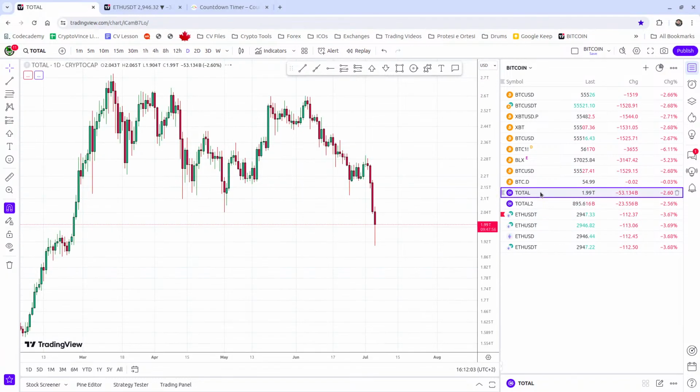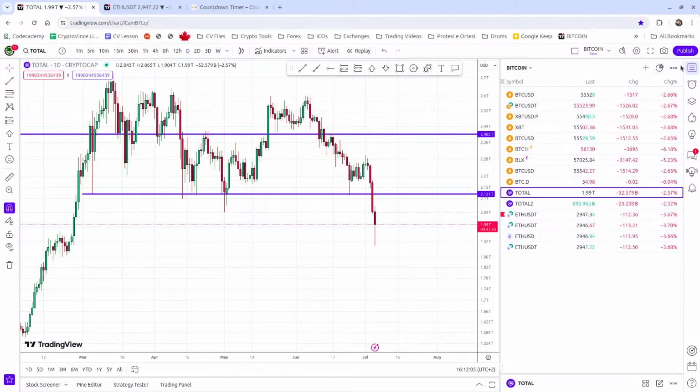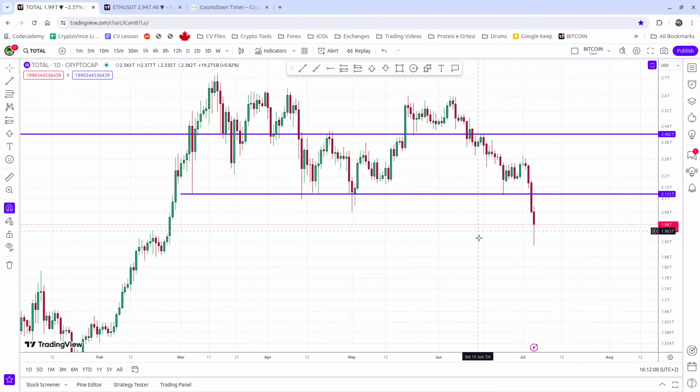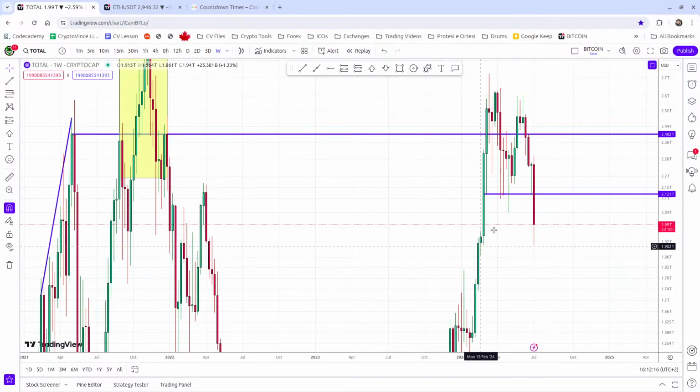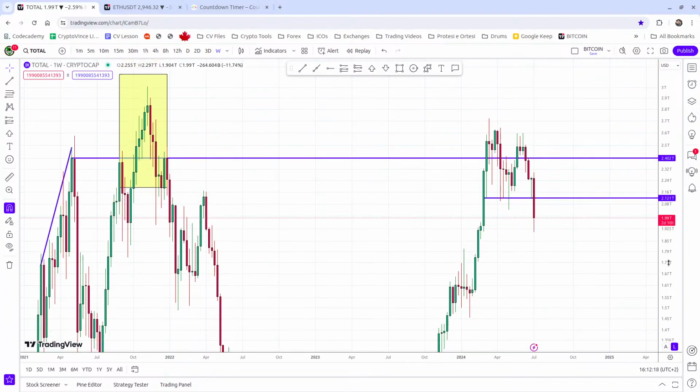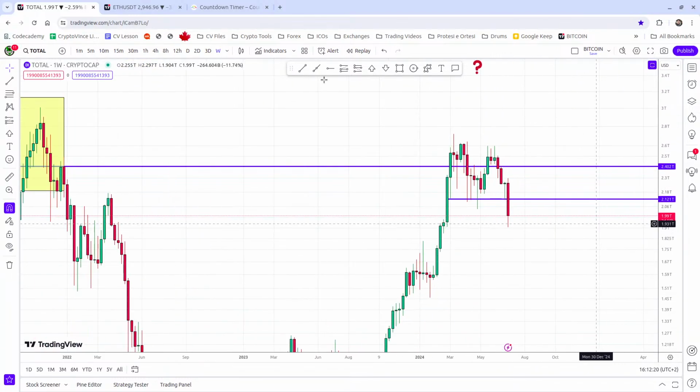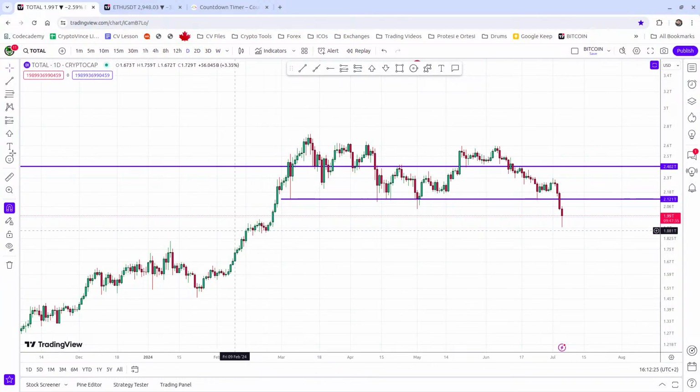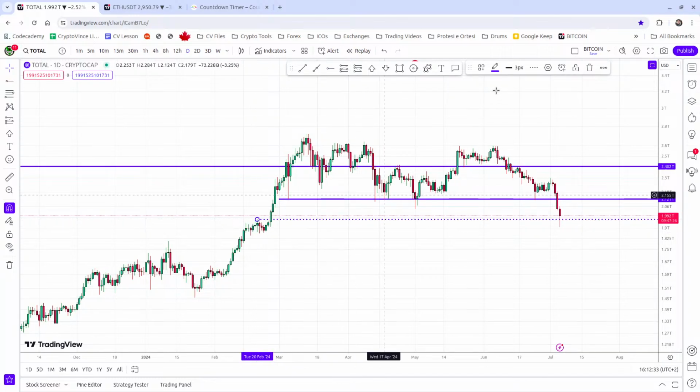The total market cap, what is it doing? Similar to Bitcoin, I guess. It reached the demand level though. Let's go on the weekly. There's nothing there. But on the daily, it reached support.